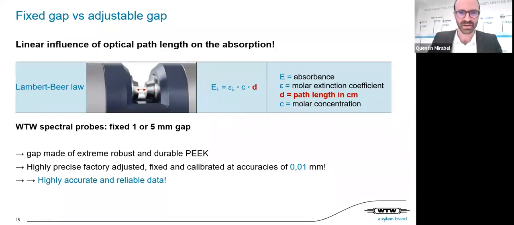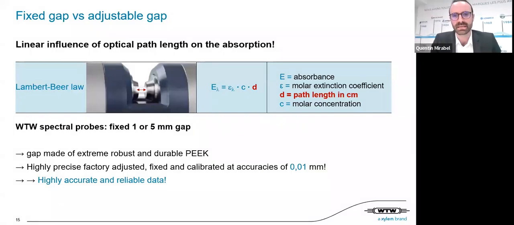Yes, thank you, Georg. I would just like to say a few words about the features within our spectral sensors. As you may already know, behind the measurement we are using the Lambert-Beer law, which involves what we call the path length. Please note that within our sensors, we have a fixed one, either a 1 or 5 millimeter gap.